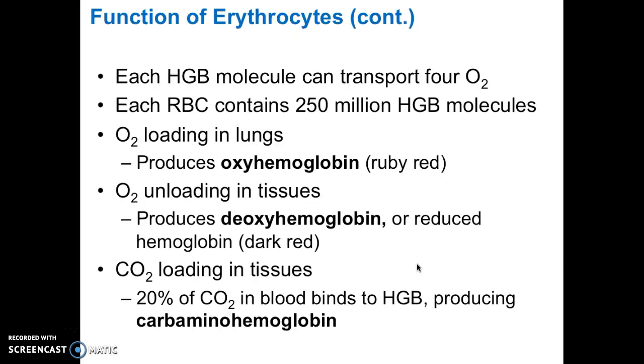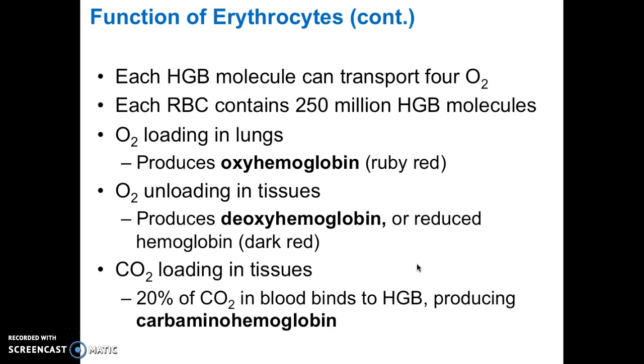Each hemoglobin molecule can transport 4 oxygen molecules. Each red blood cell contains 250 million hemoglobin molecules. When oxygen is loaded onto the hemoglobin in the lungs, it produces oxyhemoglobin, which has a ruby red color.